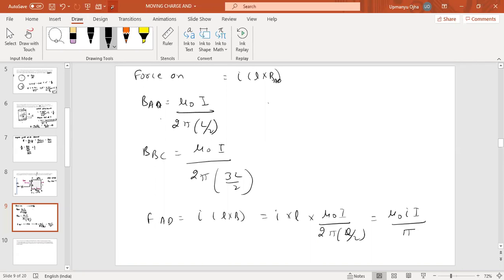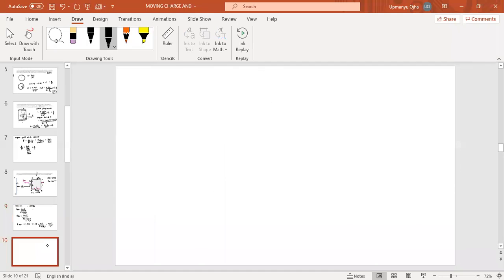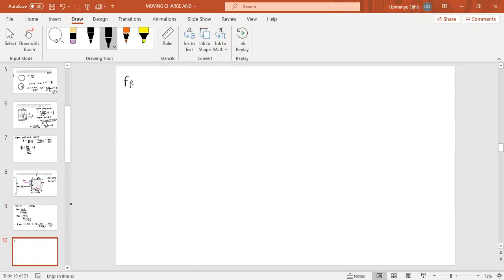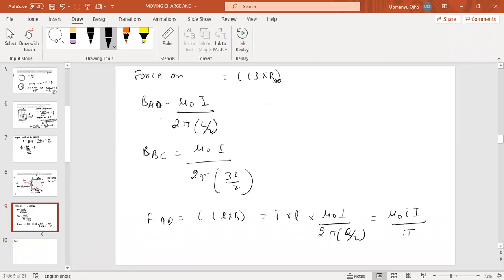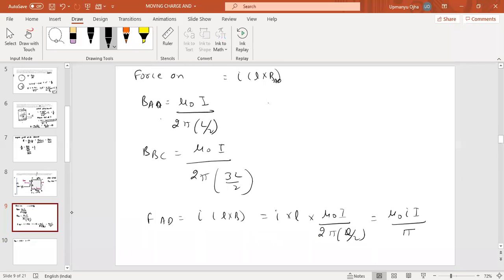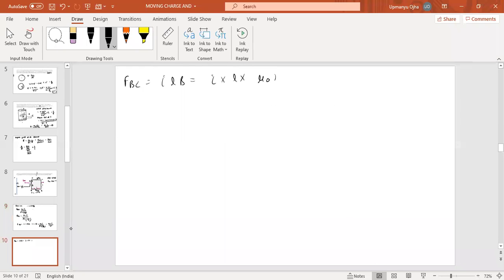Similarly, the force on the BC wire will be the same, that is I L B. So I into length into B. The magnetic field on BC is how much? Mu naught I by 2 pi into 3L by 2.